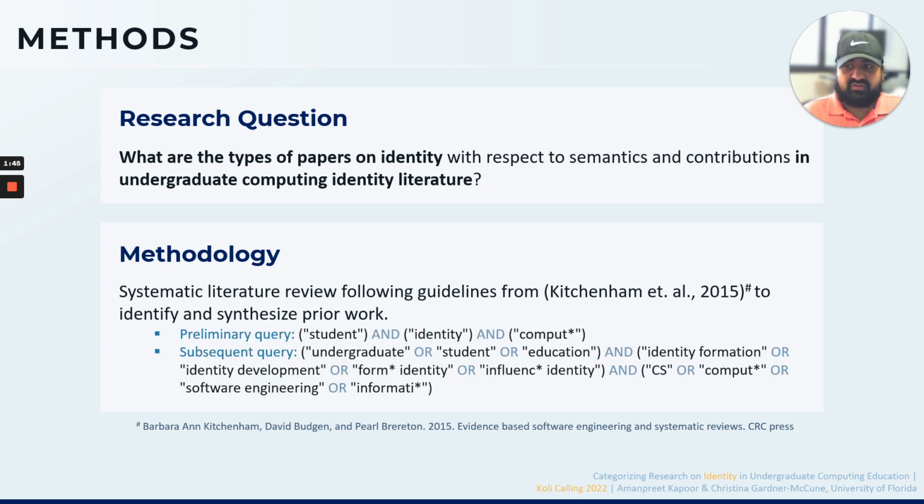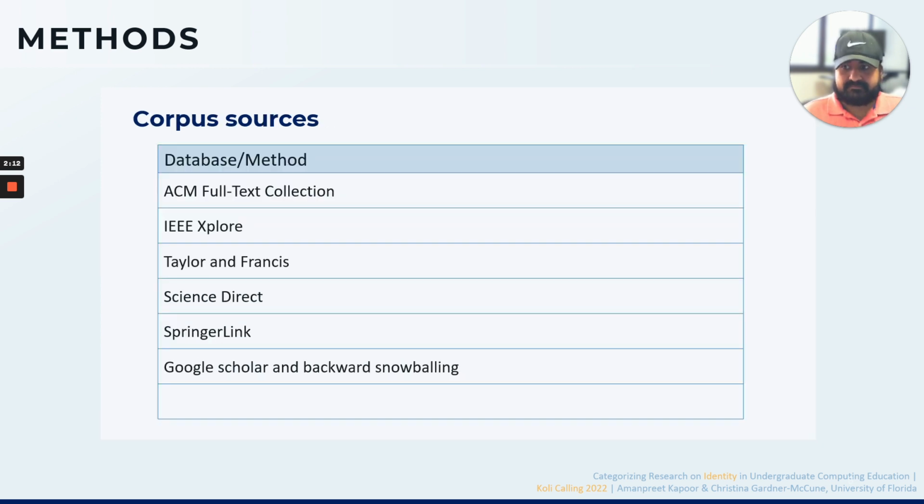For identification, we used two queries. The first one, which was our initial query, was student identity along with computing, and then we iterated on that query to identify known work, which gave us a much narrower query, using the terms undergraduate student education as well as synonyms of identity along with the computing programs.